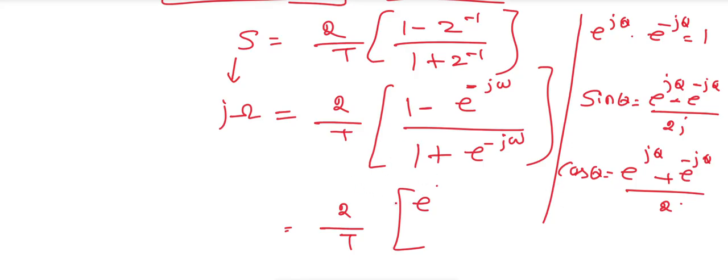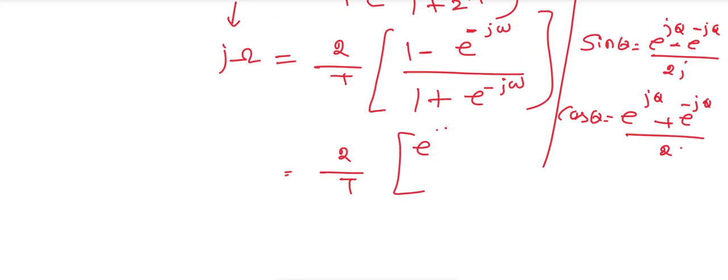So here, 1 can be written as e power j omega by 2 into e power minus j omega by 2.